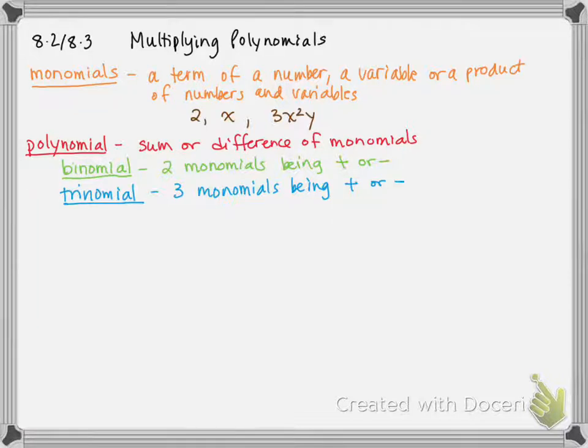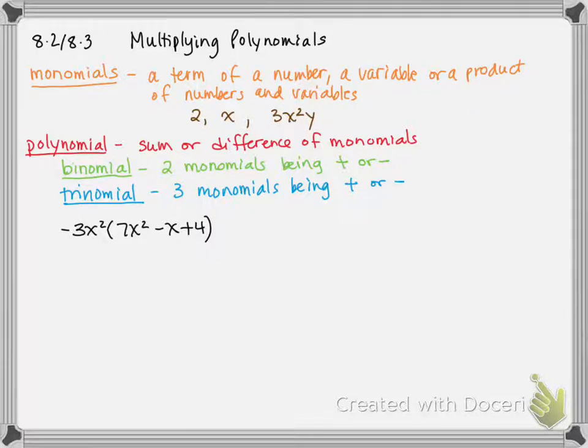All right, so let's launch into dealing with a problem. And 8.2 is dealing with a monomial times a polynomial. So I'm going to show you an example of that problem. So let's put up what it would look like. So we have, let's do negative 3x squared times the quantity 7x squared minus x plus 4. Okay, so I'm going to show you two different methods, and that's a lot of what I'm going to do, is show you a lot of different methods for how to do things, and then you kind of have to get a feel for what you like to do.